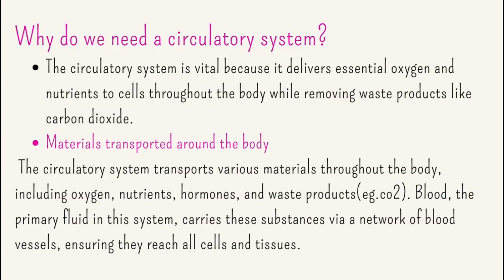The circulatory system delivers essential oxygen and nutrients to cells throughout the body while removing waste products like carbon dioxide. As human beings, we inhale oxygen and we exhale carbon dioxide. Every single organ in our body needs that oxygen.